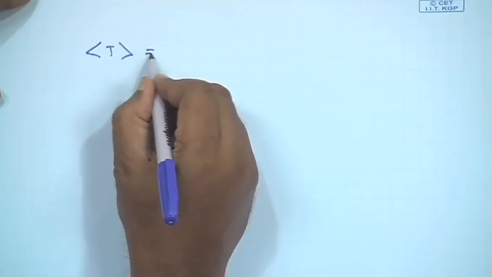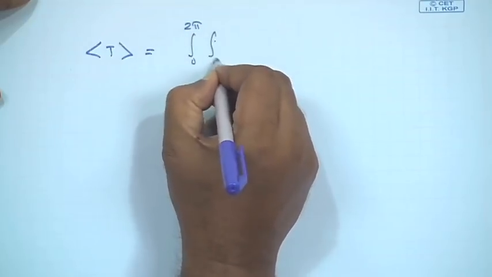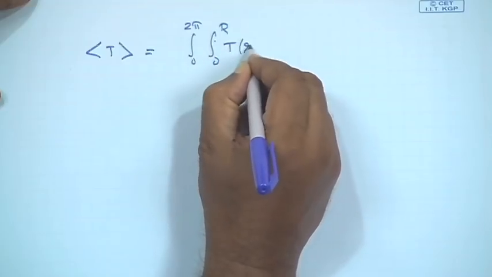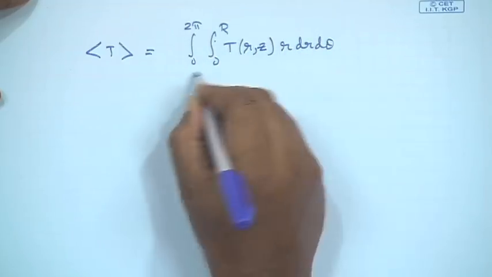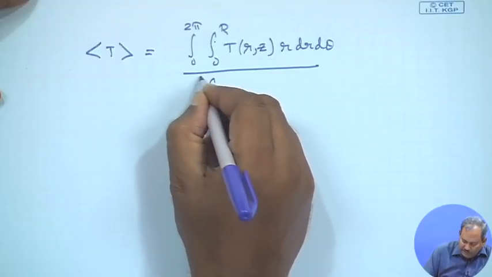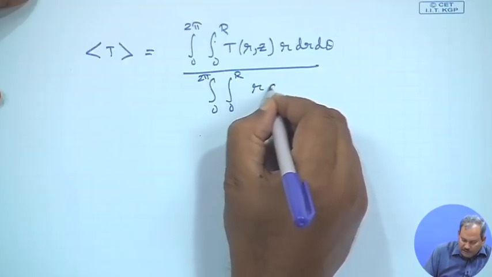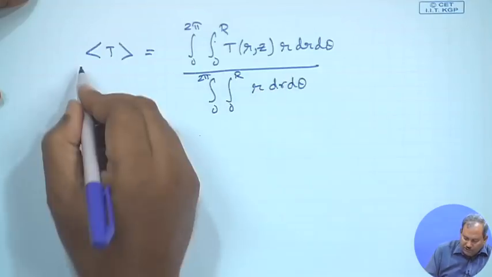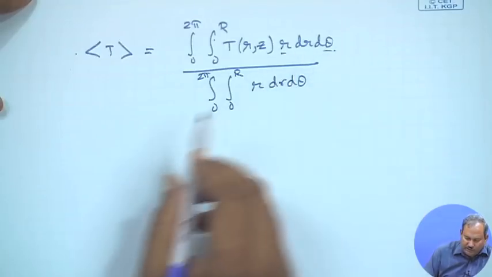One more quick thing before I conclude: you can define an average temperature by simply making an area average, T at r, z times r dr d theta divided by the flow area, the same way we do for average velocity, which is r dr d theta. So, this is the area average temperature, where it is simply averaged over the area.